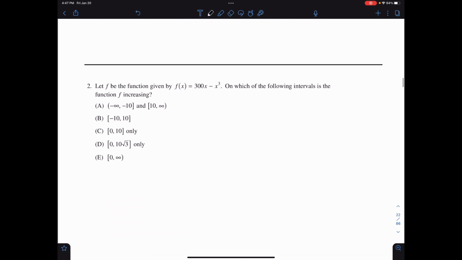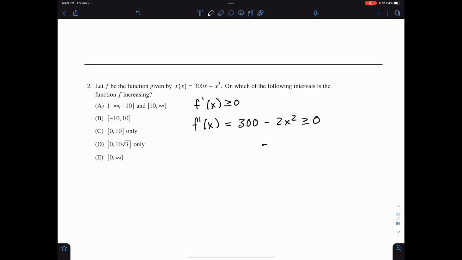All right. On to the next one. Let f be the function given by f of x equals 300x minus x cubed. On which of the following intervals is the function f increasing? f is increasing whenever the derivative f prime of x is greater than or equal to 0. Taking the derivative, f prime of x is equal to 300 minus 3x squared, and we set this greater than or equal to 0.